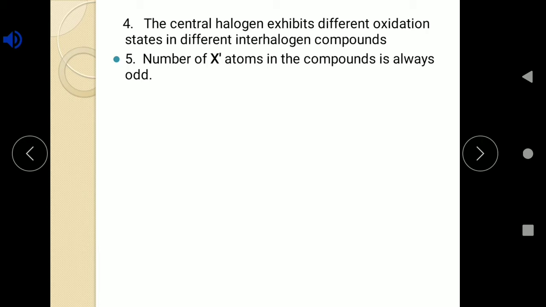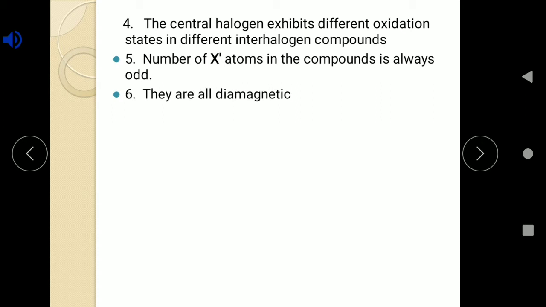And if 3 of the last p orbitals become singly occupied, that means splitting of 2 orbitals takes place, then 7 unpaired electrons are available and hence 7 X dash can come and form a compound with X. Hence, X dash atoms will always be odd.